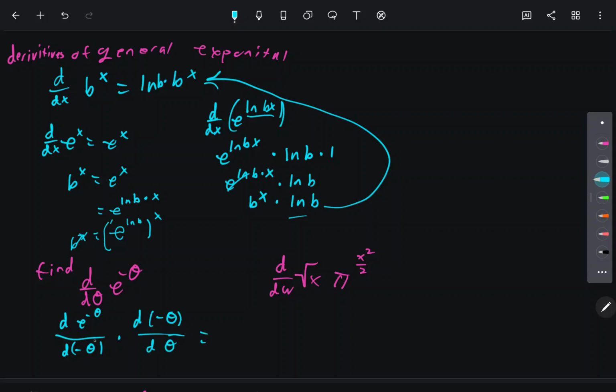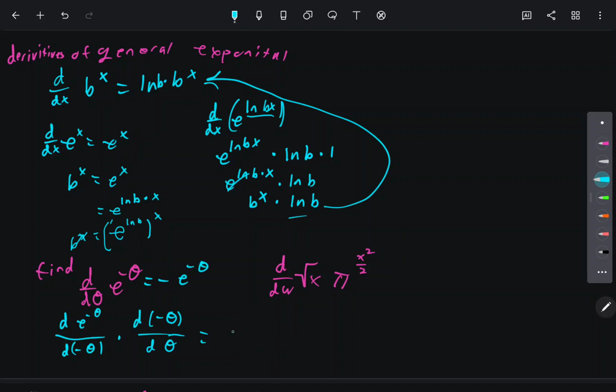So writing it out like this, we see that the left side is just e to the negative theta, once again. The derivative of negative theta with respect to theta is just negative 1. So what we get is this expression is equal to negative e to the negative theta.